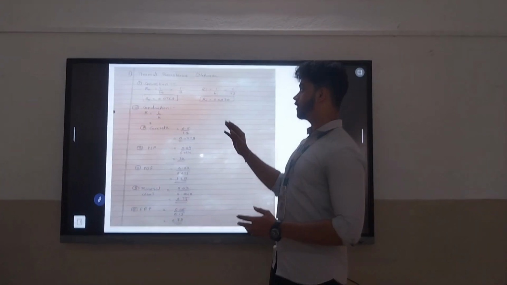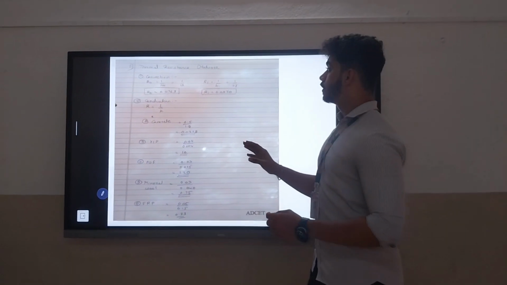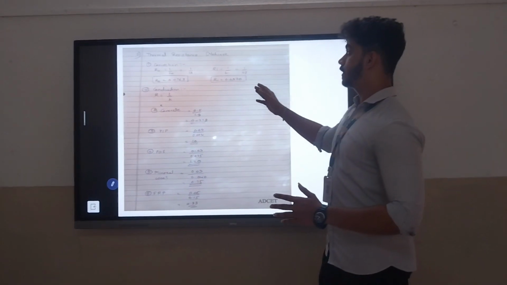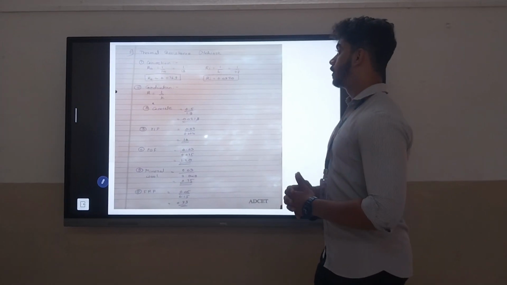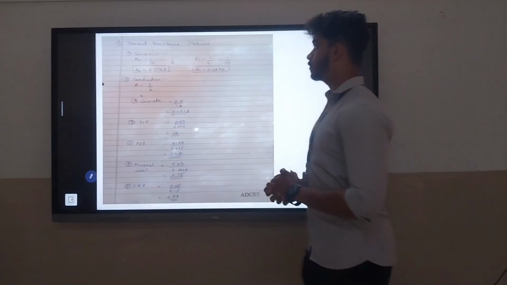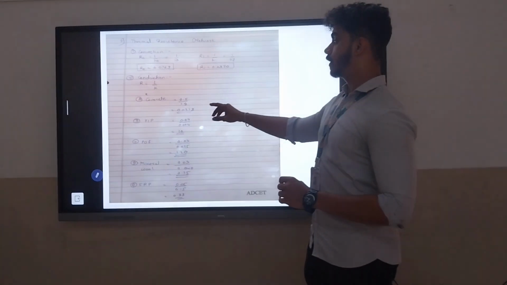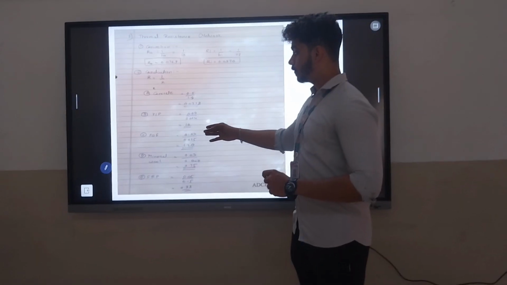For convection, R naught is equal to 1 upon H naught, which is 1 upon 13, that becomes 0.0769, and similarly for R I, that is 1 upon H I, that becomes 0.370. For conduction, R is equal to L upon K. Analyzing each, first concrete becomes 0.0278, and so on for VIP, PUF and FRP.